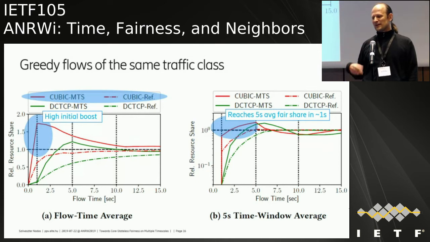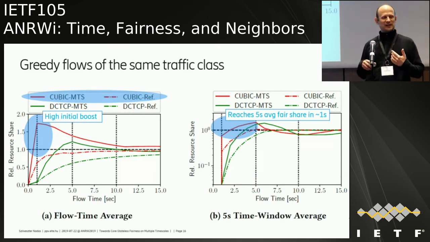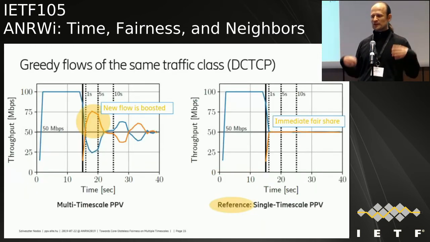So the flow time average has a high boost at the beginning, and actually the 5 second average fair share of the flow reaches almost the equal share in 1 second, which means that in 1 second, the flow can download as much data as its equal share in the last 5 seconds, including the 4 seconds when it wasn't yet there. But after a period, you can see that it will go to the equal sharing. So it will converge to equal sharing with flow. So if a flow is in the system for a long time, it will have equal share with other flows.